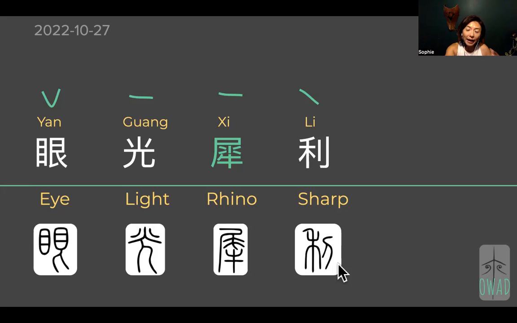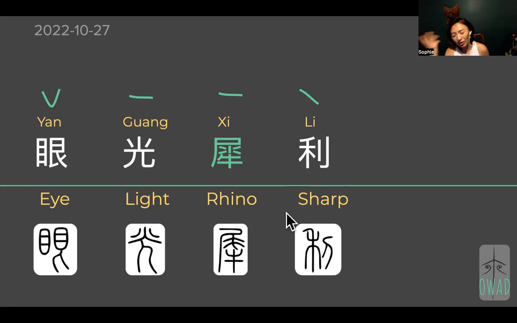So just by pairing this tool to cut the crop with a crop symbol, you have this tool and you have this mission to cut it, and just picture that, the natural logical conclusion is this thing better be sharp to be able to cut it. So that's our sharp character. So when rhino is paired with sharp, it simply means super sharp.